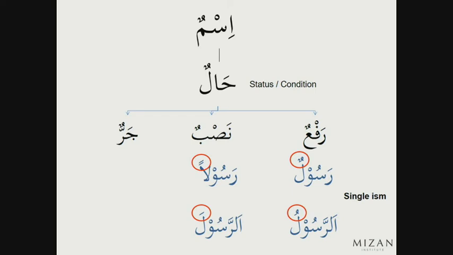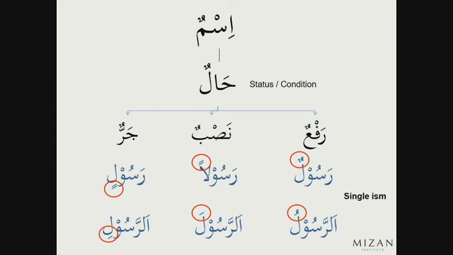Nasbun. You with me? A single ism. Last one. If it ends, rasulin, with an in or an i, then it is jarrun.